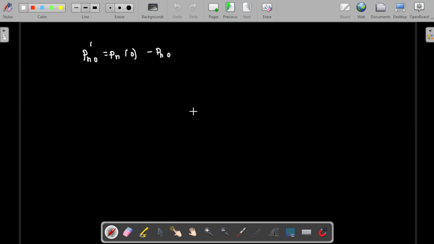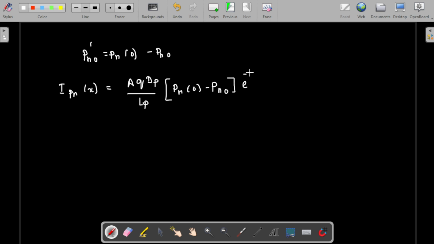If we do this, we will get IPn of x equal to AQ Dp divided by Lp, substituting that here, times Pn of 0 minus Pn naught, e power minus x by Lp.